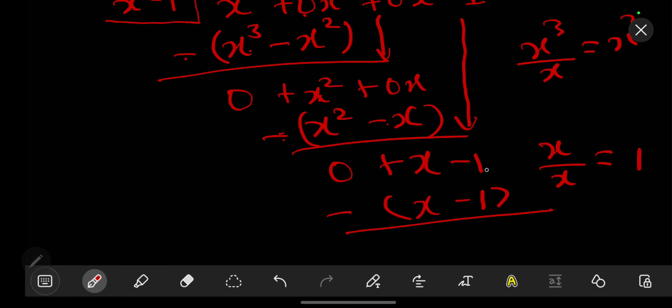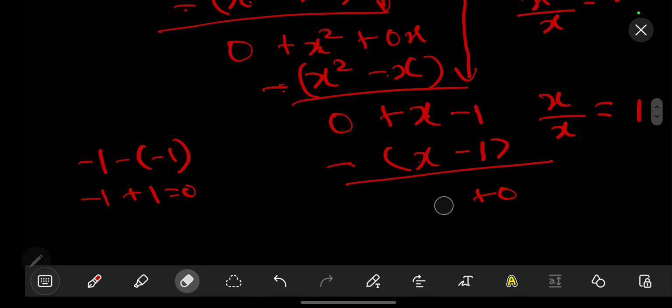Subtract. x minus x is 0. -1 minus -1 will give us -1 plus 1, which is a 0. So whatever we have there, it is just a 0. In other words, we can just write a 0. This means the remainder is equal to 0.